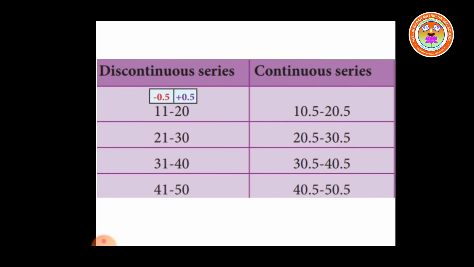So it gives 20.5 to 30.5. Next one, 31 subtracted 0.5, 40 added 0.5. So it becomes 30.5 to 40.5. 41 subtracted 0.5 and 50 added 0.5. So it becomes 40.5 to 50.5.